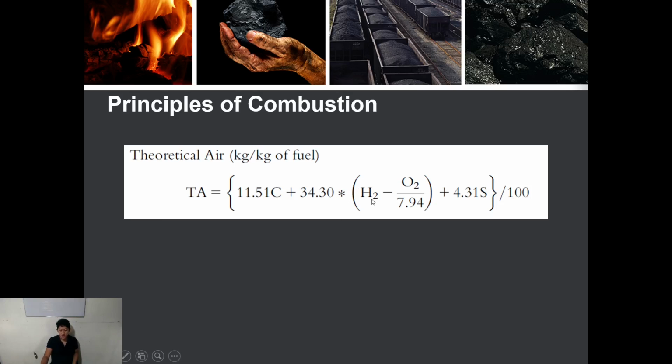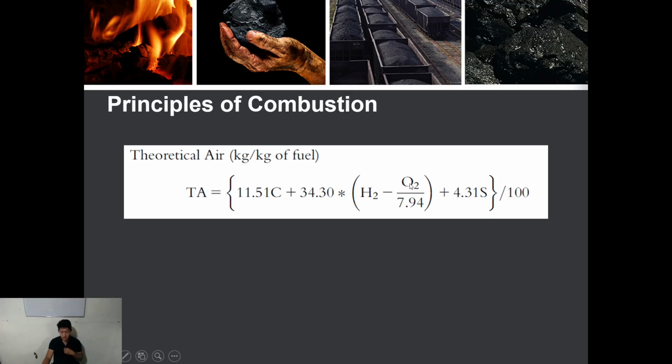And then the same for hydrogen and for sulfur. You can get these from the combustion stoichiometric equations: how much air is needed to combust carbon, air needed for hydrogen, and for sulfur.